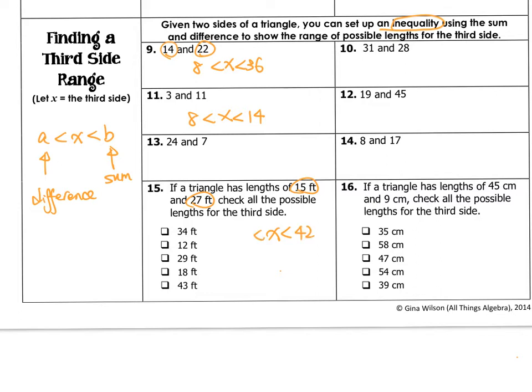If I subtract the two, I should have 12, right? So let's see, which means 34 works. 12 doesn't work because it has to be greater than 12. Equal doesn't count. 29 works, and does 18 work? 43 doesn't work. So I have three possibilities here.